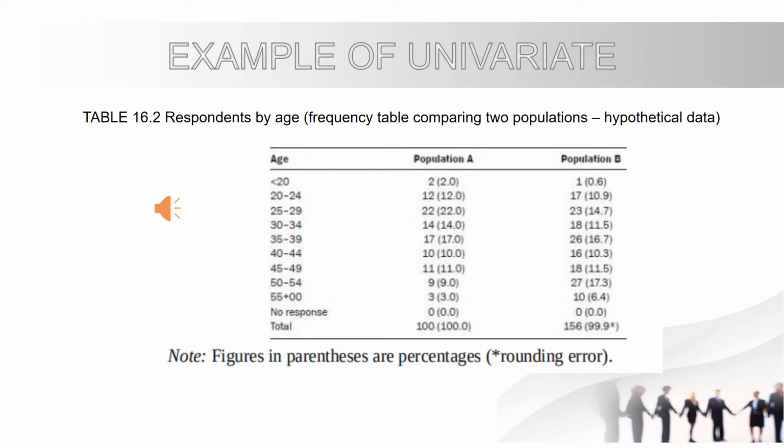You have the age bracket from less than 20, 20 to 24, 25 to 29, 30 to 34, 35 to 39, and so on. And at the last, there is no response in the total. On the right side, the next columns are population A as well as population B. This is another example of your univariate.